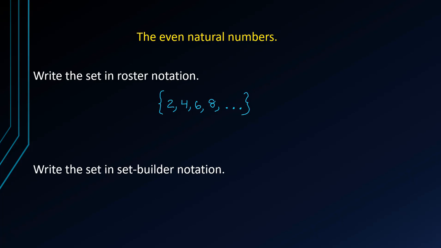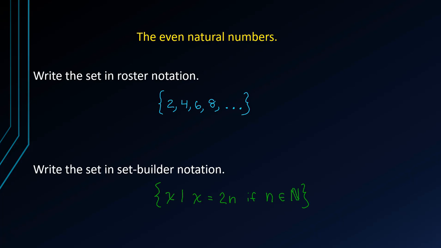So how would you write that in set builder notation? In set builder notation, you have to be a little creative, because you only want the even natural numbers. You don't want to include any odd numbers in there, but you still want to realize that this is an infinite set, and you want to come up with something that would generate this set of numbers.